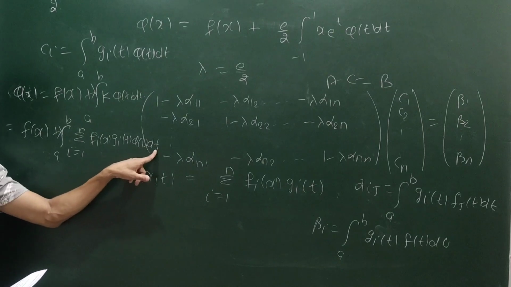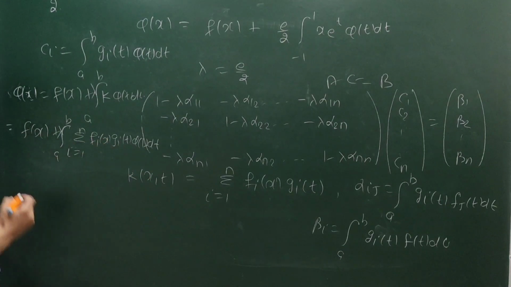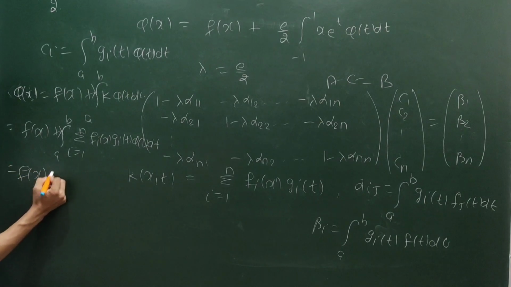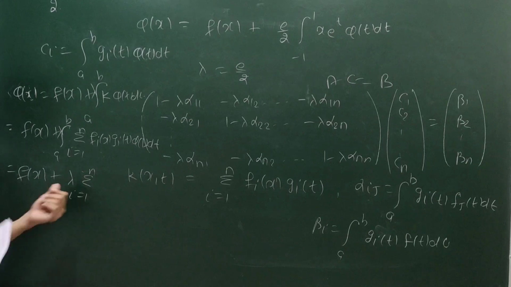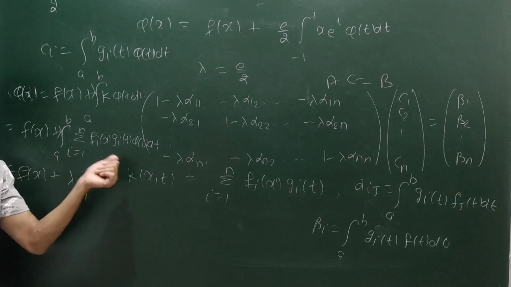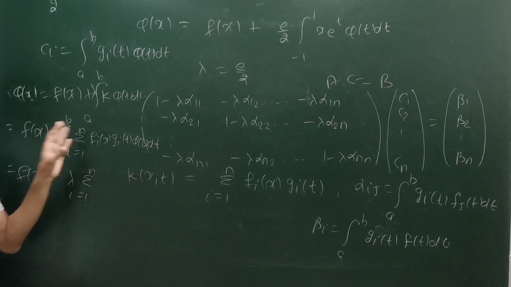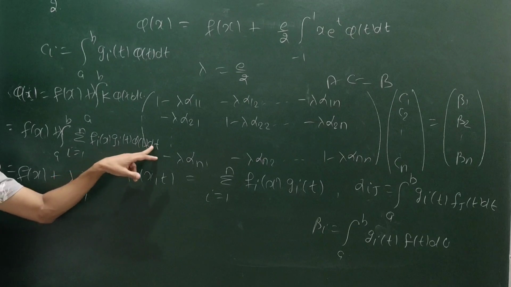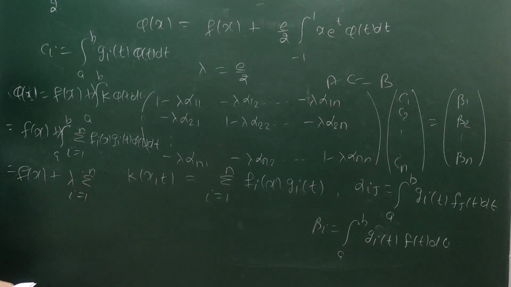This integral is running over t, so you can take the function of x outside. So you will have f(x) plus lambda times summation i running from 1 to n. This is from the property of Riemann integrable functions, so you are just redistributing your integral. This is the integral of f1 g1 phi plus the integral of f2 g2 phi. So you are taking the sum outside because this is a finite sum, so you can do this. But if you have an infinite sum, you cannot do this.